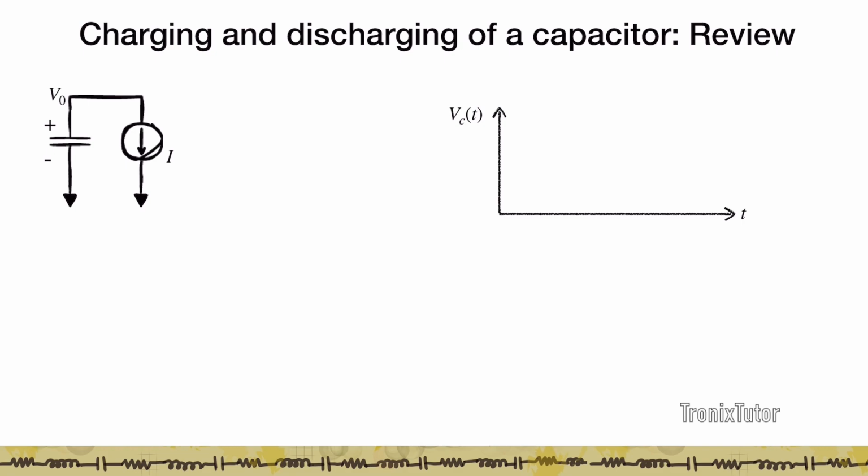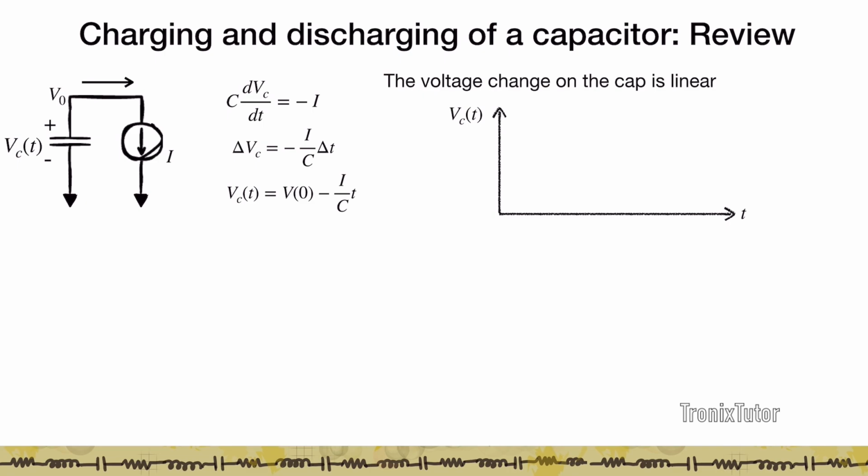capacitor. So let's say I have a capacitor and I've connected a current source to it. And this current source is a constant current source which is continuously pulling a current I from the capacitor. If I want to measure the voltage across the capacitor as a function of time, I can set up the equation of the circuit: the current flowing through the capacitor, which is C dVc/dt, is given by I. In other words, the voltage across the capacitor changes as a linear function of time.